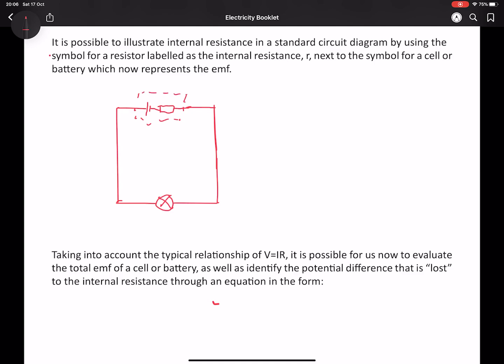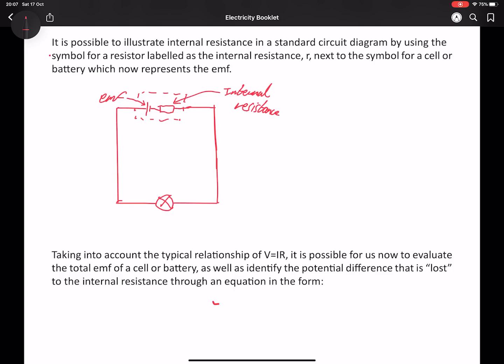But if you put a dashed or dotted line around that cell and little resistor, we are indicating that this is the EMF and the internal resistance of the supply, the battery or cell, as represented by the dotted line. So that means that if we were measuring the potential difference of this cell using a voltmeter when it was disconnected on its own, we should measure the EMF.